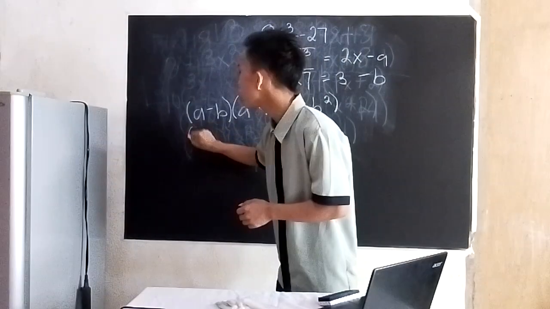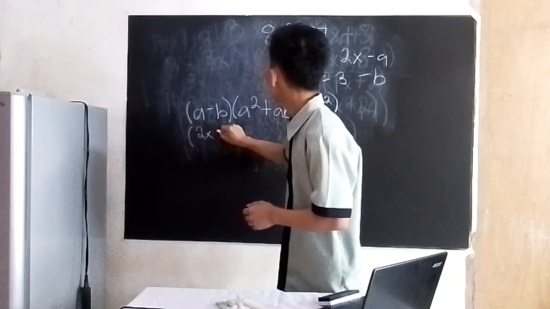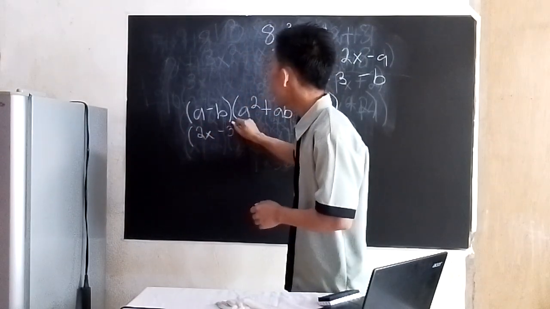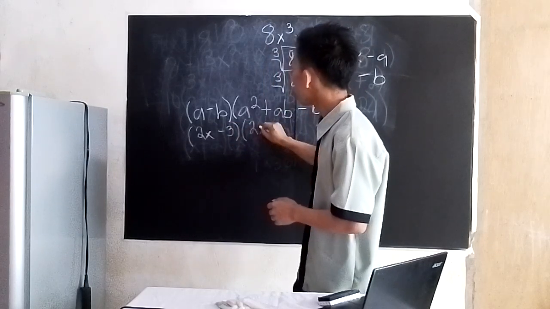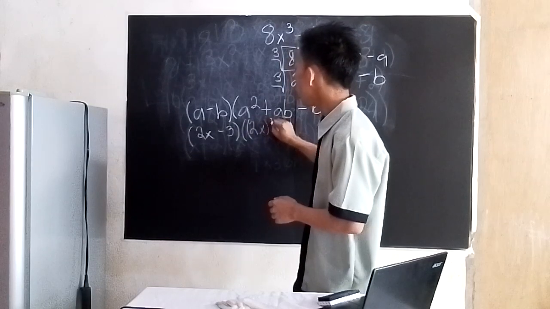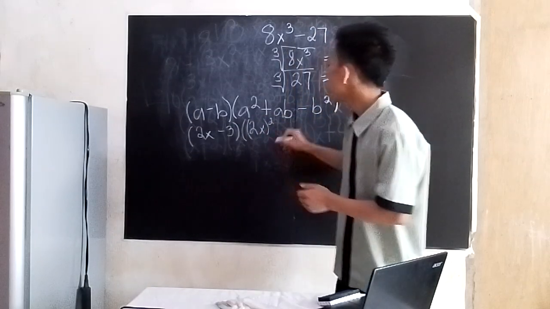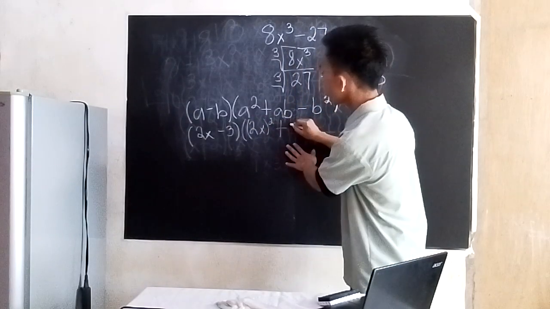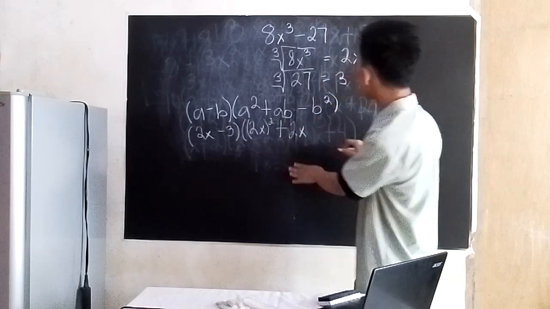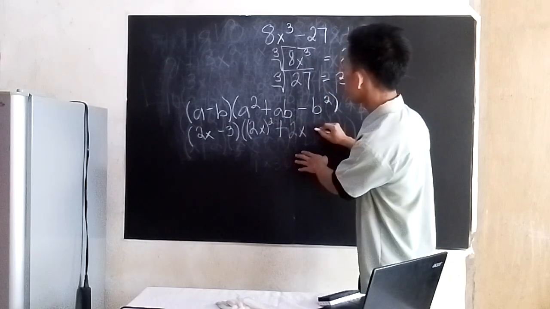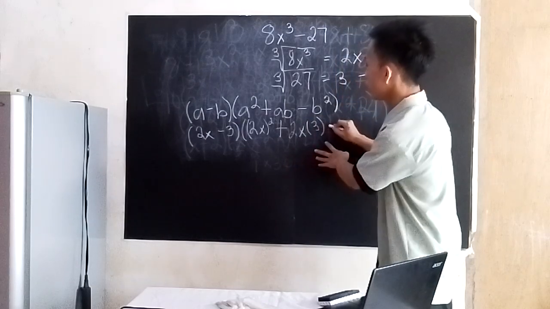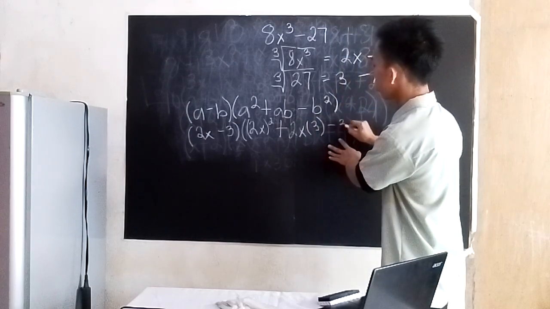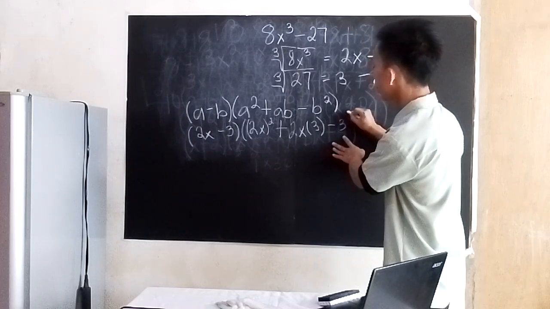So that will be 2x minus 3 multiplied by 2x squared plus 2x times 3 minus 3 squared.